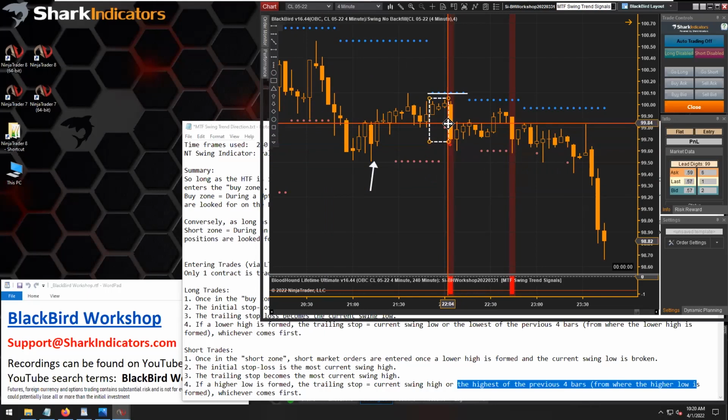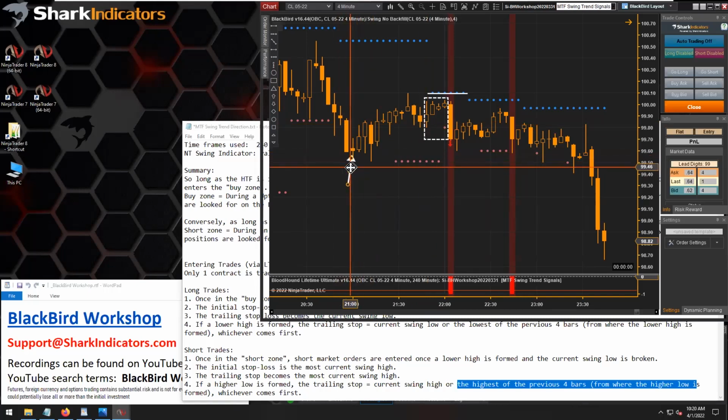I guess it would be these 4 bars. So finding the highest of the previous 4 bars, or vice versa, the lowest of the previous 4 bars if we're in a long trade. That requires an indicator because you have to synchronize looking at the highest of the last 4 bars with the swing indicator. So that's the job of an indicator, to do that.